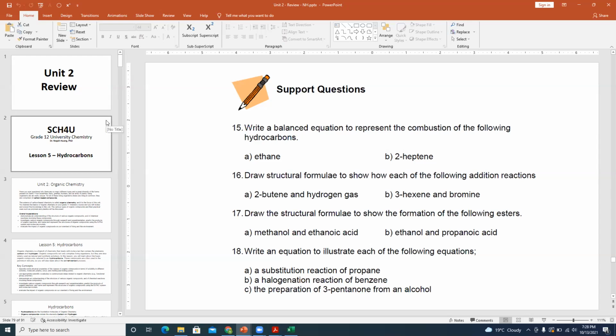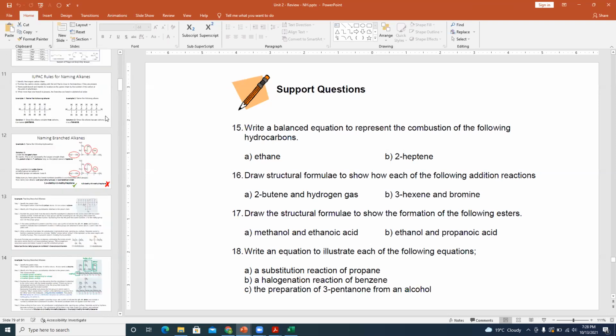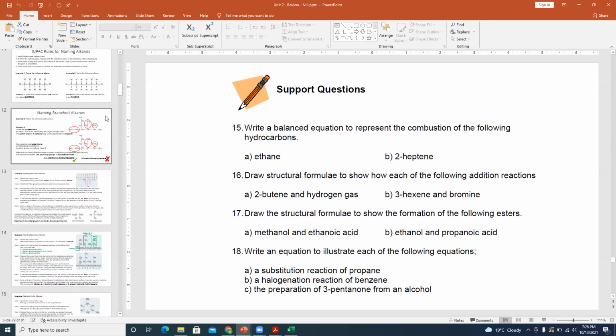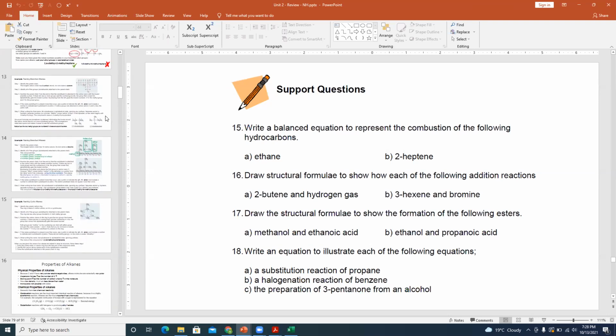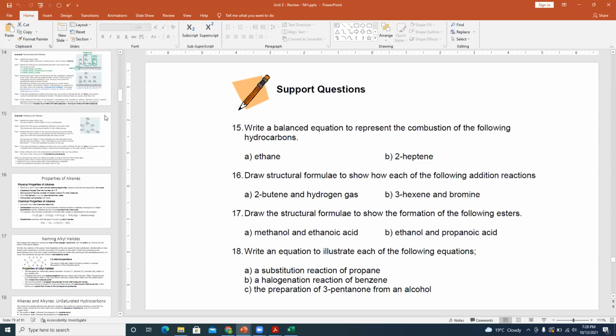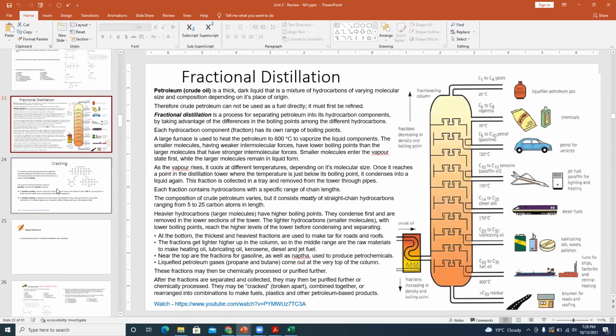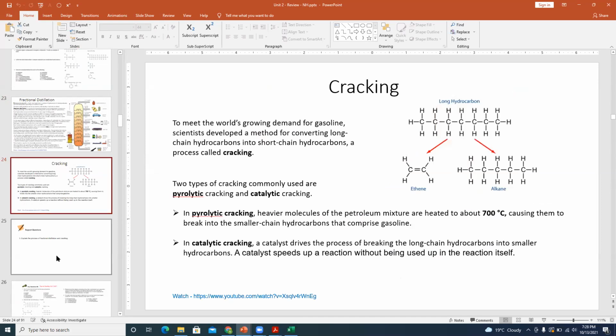Then in our second unit, we talked about organic chemistry and hydrocarbons, their functional groups and their reactivities. We talked about naming conventions and how to draw the structures based on the name given, and how to give the name based on the structure that's shown. We talked about fractional distillation and cracking.